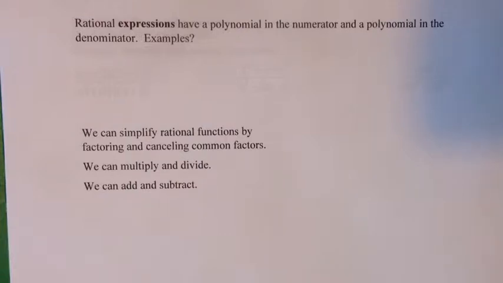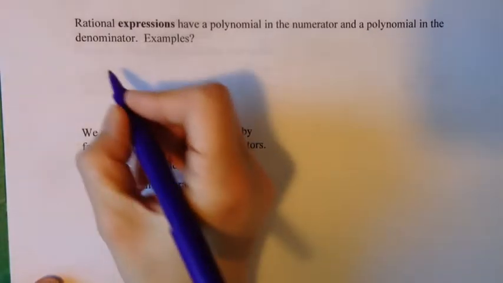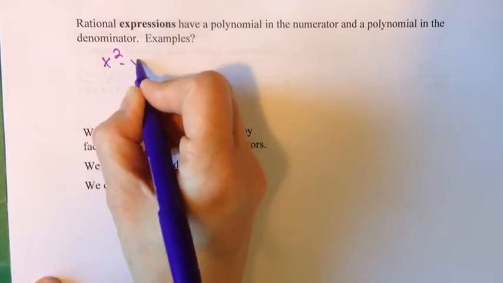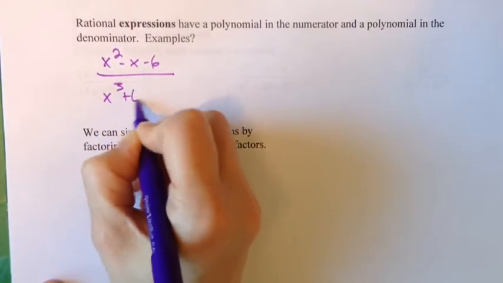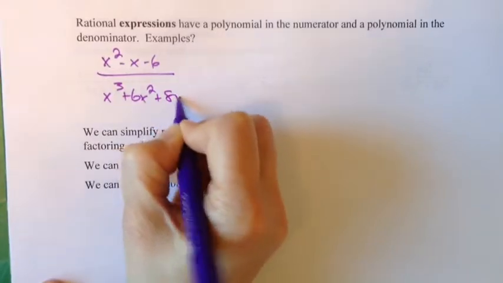Now that we've had a whirlwind review of fractions, we're going to come back to the main point of this chapter, rational expressions. Rational expressions are things that have a polynomial in the numerator and a polynomial in the denominator. For example, something like x squared minus x minus 6 all over x cubed plus 6x squared plus 8x would work.